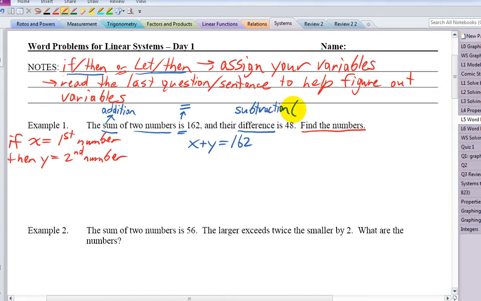Now when we do subtraction, which number should we put first? Smaller or the larger? Always the larger. So it should be the larger minus the smaller. Now when we read our sentence, does it say anything about a larger or smaller number? No. So we don't know yet. So when we subtract them, if we go X minus Y, what did we make the larger number?